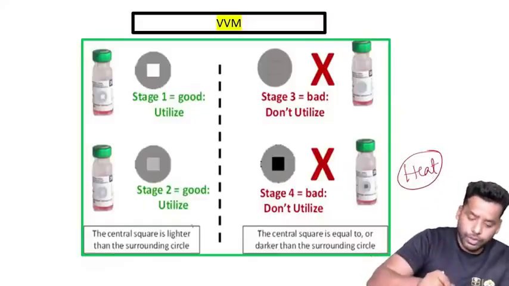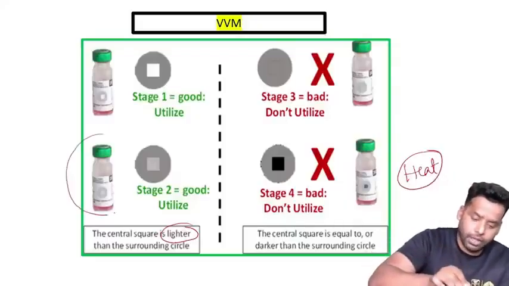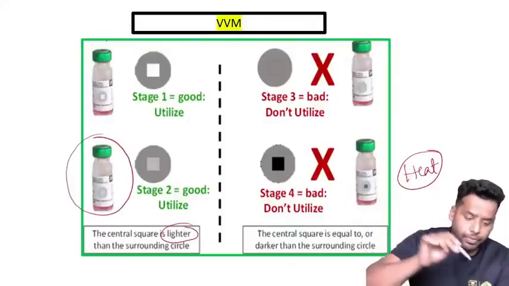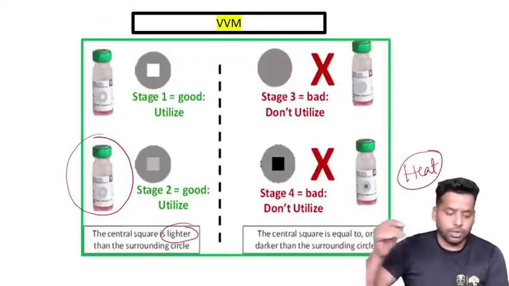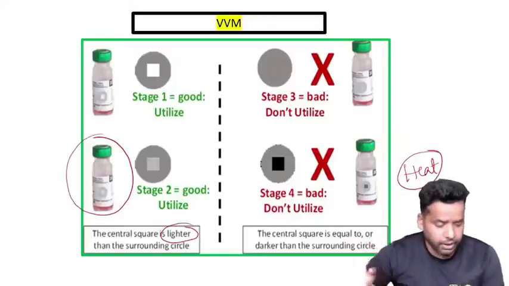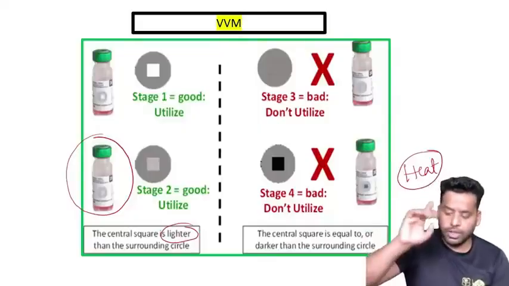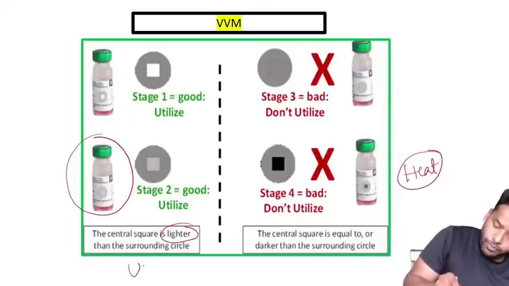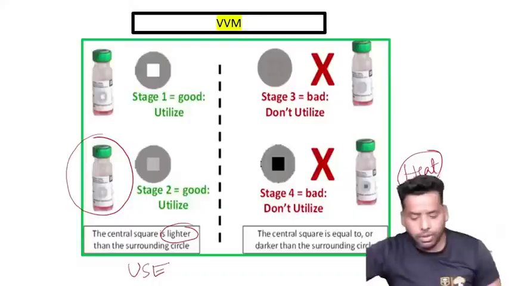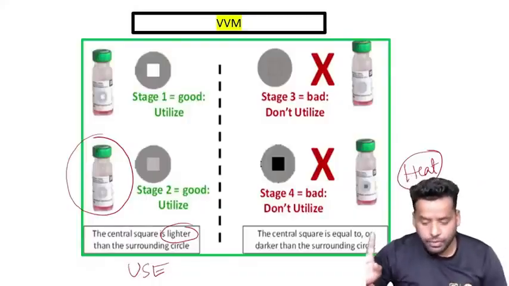In stage 1 and 2, the central square is lighter than the outer circle. If I highlight this vaccine vial, what is this stage? Both are lighter, but you should know how to identify stage 2. There is a slight difference between stage 1 and stage 2. Vaccines can be used in what stages? Stage 1 and stage 2.